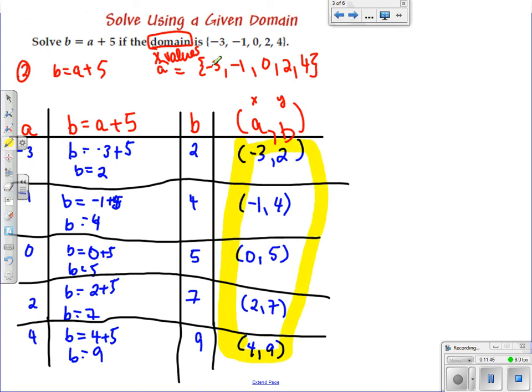So when our domain is -3, -1, 0, 2, 4, our solution set is -3, 2, -1, 4, 0, 5, 2, 7, and 4, 9. Now, on some problems, they may ask us to take this a step farther.